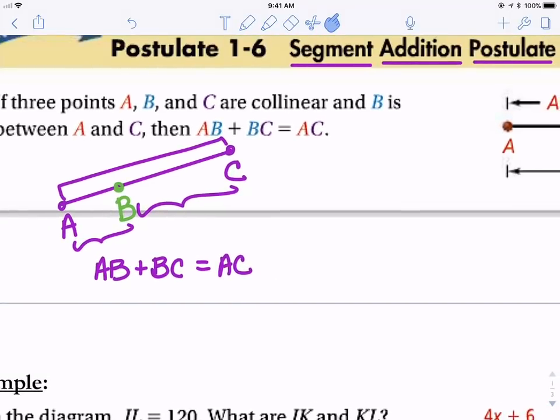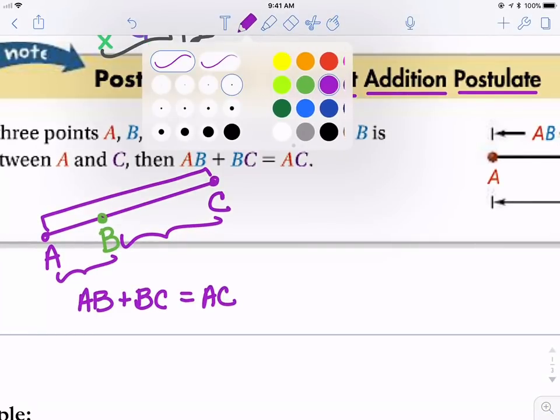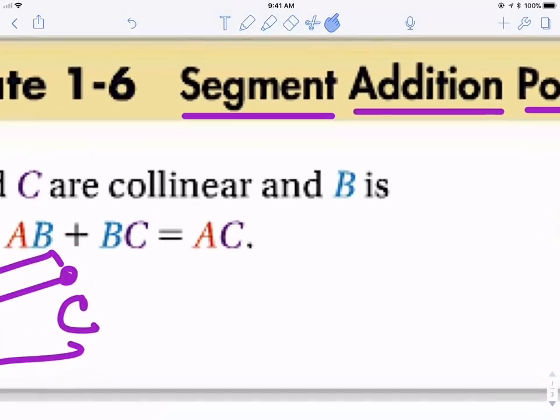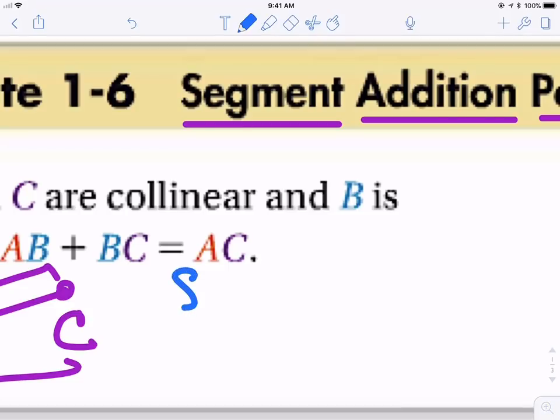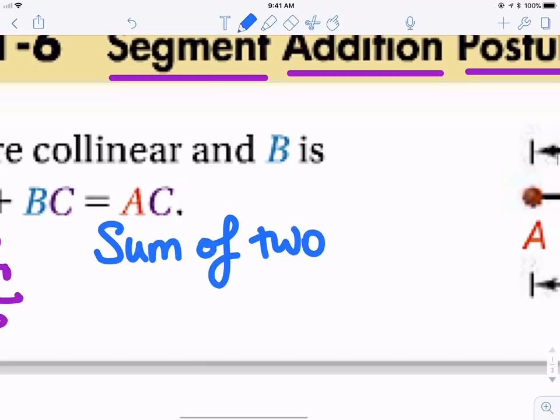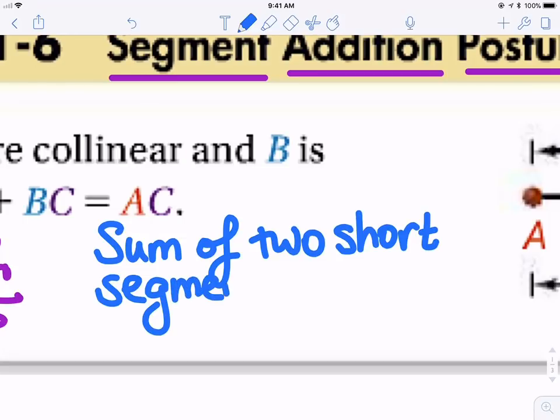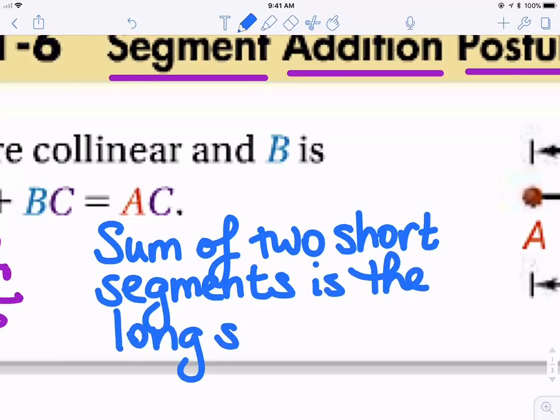Okay, notice it's saying that the short segments added together. Add the two short segments together. The sum of the two shorter segments adds up to the whole entire segment length. So you want to make sure when you're using the segment addition postulate that you're doing short plus short equals long.